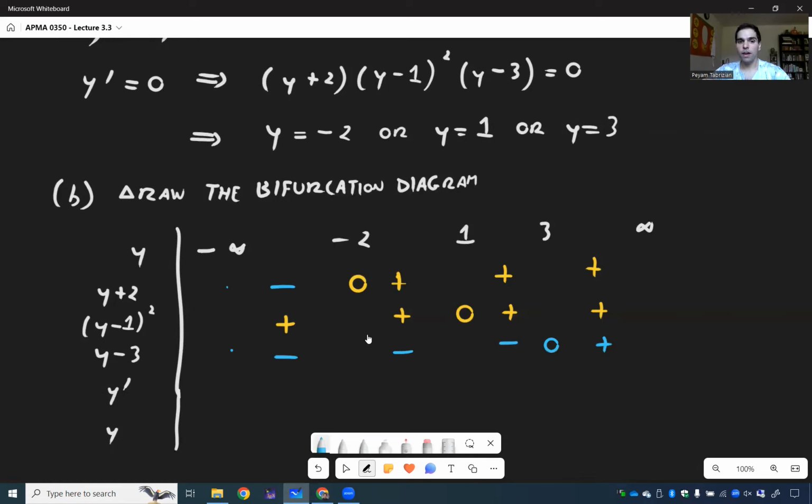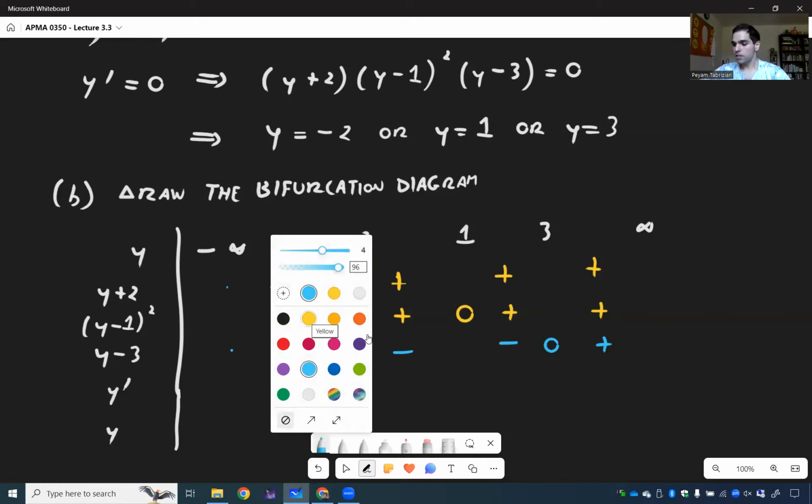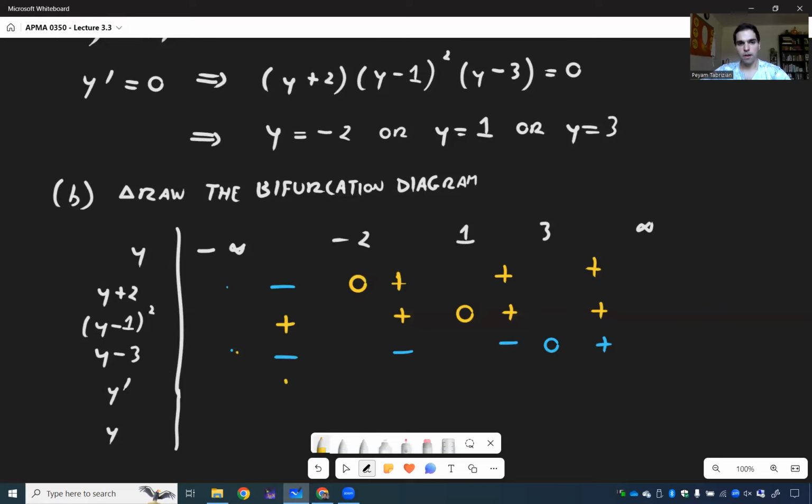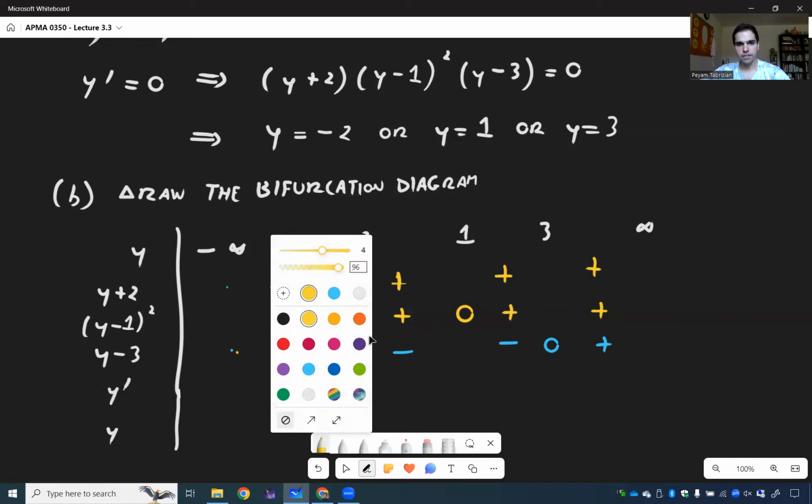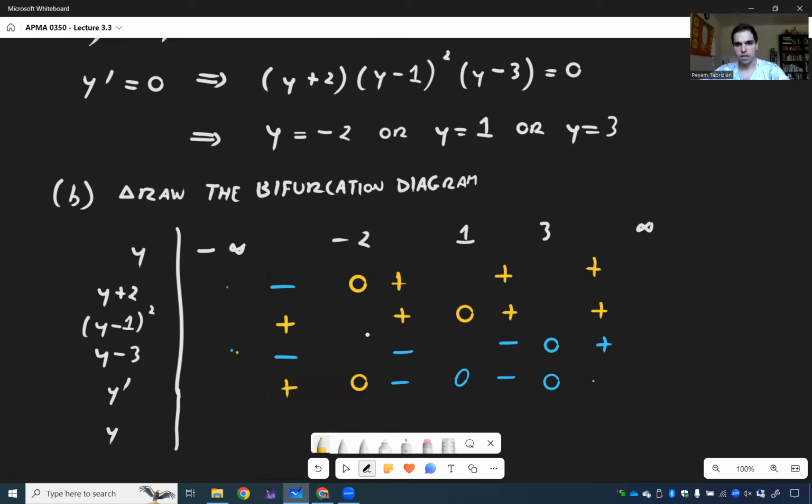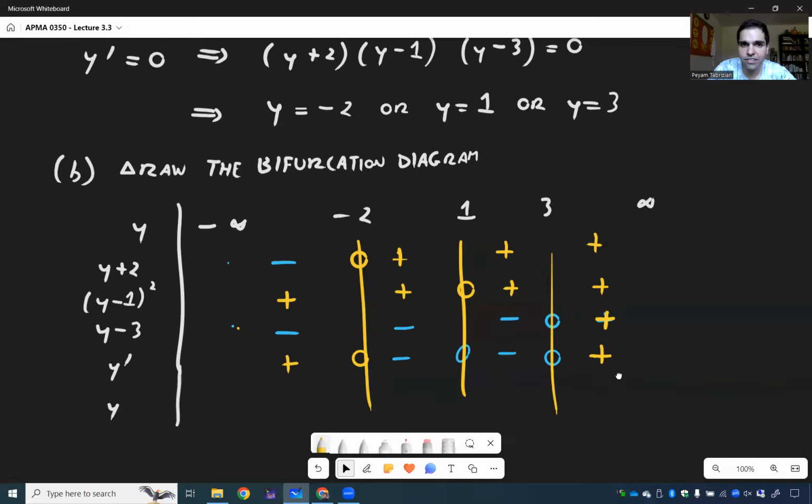And then y prime is a product of all things. So I believe it becomes plus 0, and then minus, and then 0. And I think another minus, 0, and then plus. Should be like this. Okay. And then all we'll do is remember, whenever the derivative is positive, the function is increasing.